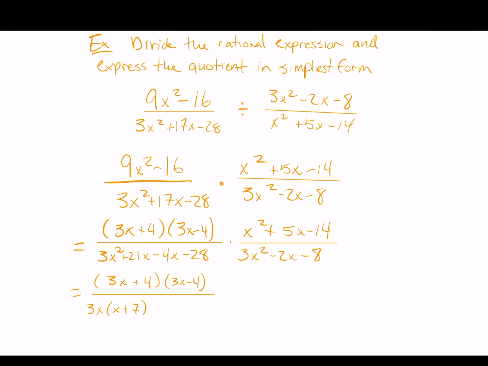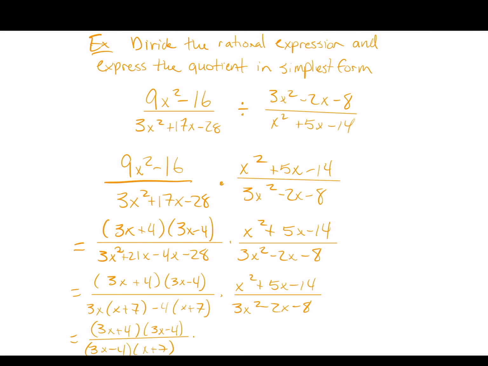And then we can factor out a negative 4, and we're left with x plus 7. Copy down the second half. Then our final factoring by grouping gives us 3x plus 4, 3x minus 4, all over 3x minus 4, x plus 7.